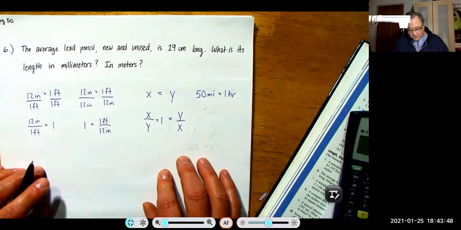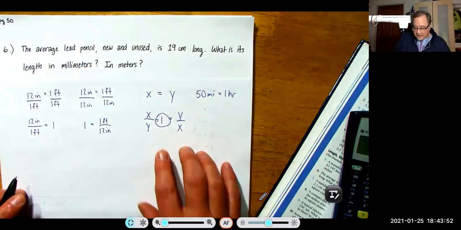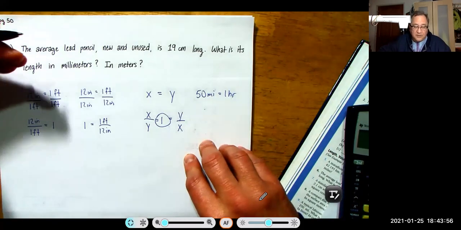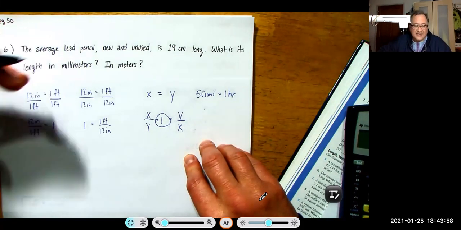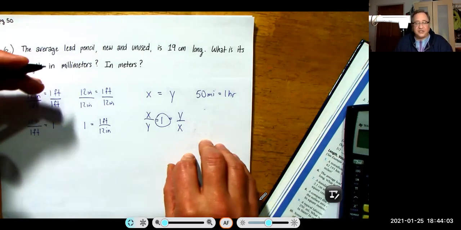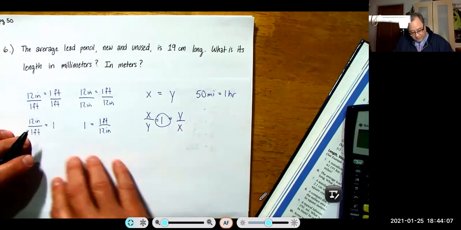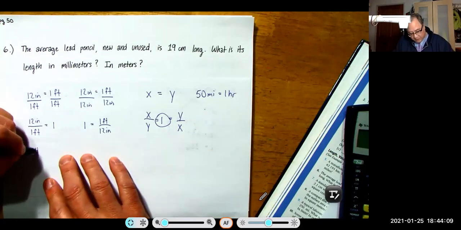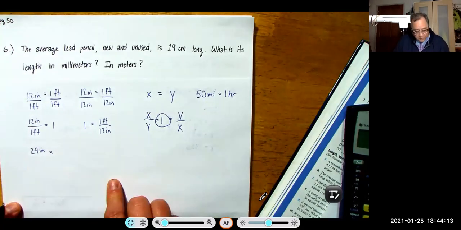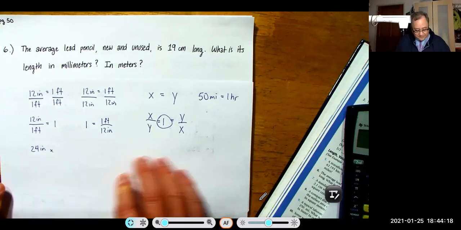Okay, the next important factor is that these are all equal to 1. And the golden rule in algebra is what you do to one side, you have to do to the other to keep it equal. But the golden rule of math is if you multiply something by 1 or divide it by 1, you haven't changed it at all. So if we take 24 inches and we want to prove that this is 2 feet, I'm going to multiply this by 1 so that I don't change the amount.